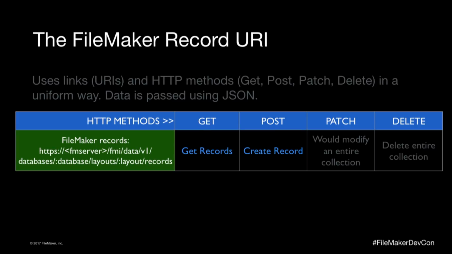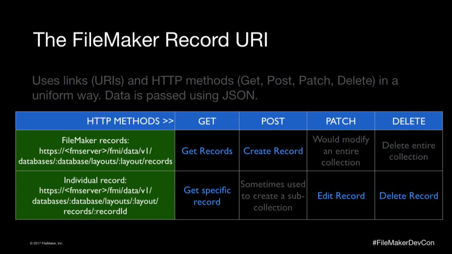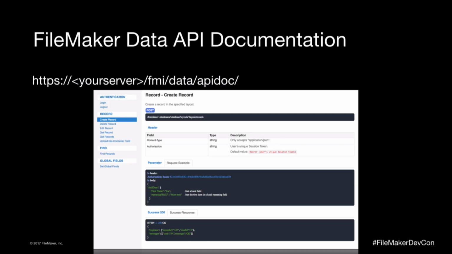So let's redraw this graph. We'll redraw this graph in FileMaker very specific terms. The first URL is to the records, the record collection. So these are your FileMaker records. You can do a get or create by posting to that URL. And if you add on the record ID, you can get a specific record. You can edit the record by patching it or delete that specific record. All of this stuff, well, actually, I'll show that in just a sec.